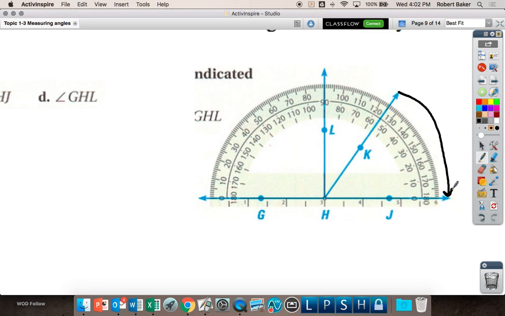And you respond, or you bubble in, or you circle 55 degrees. And then it'll say, comma, classify it. Acute.